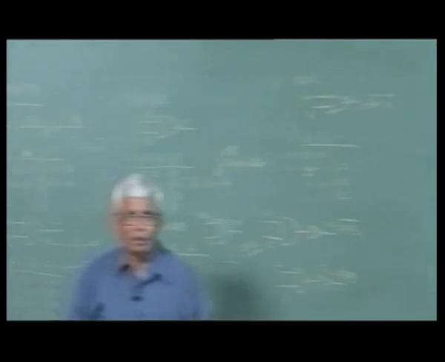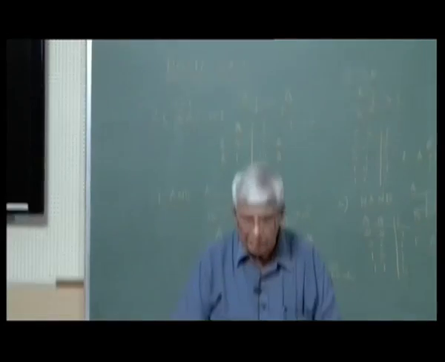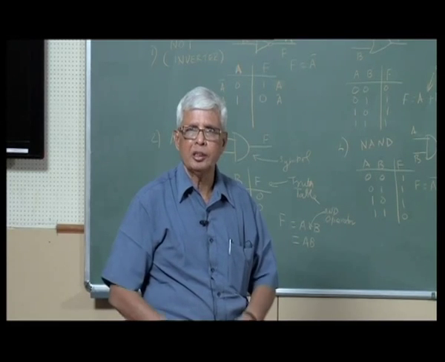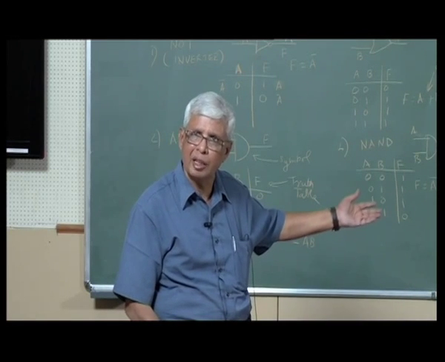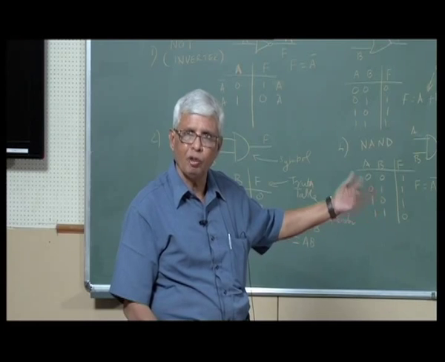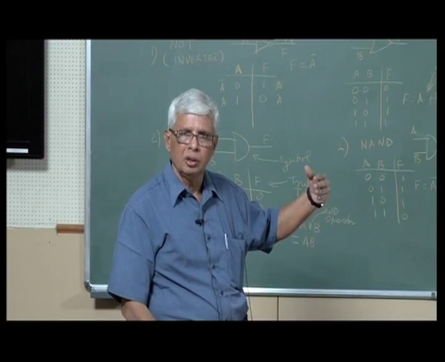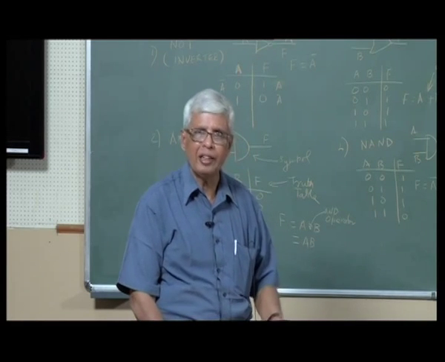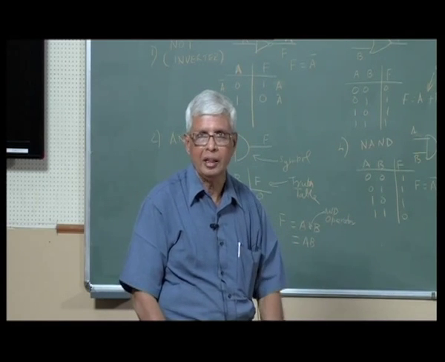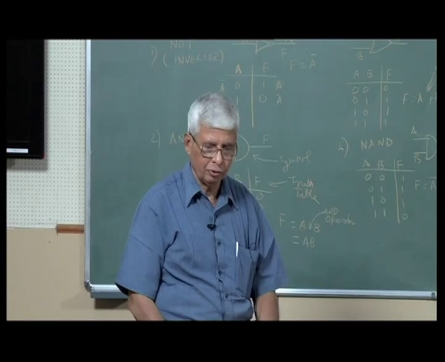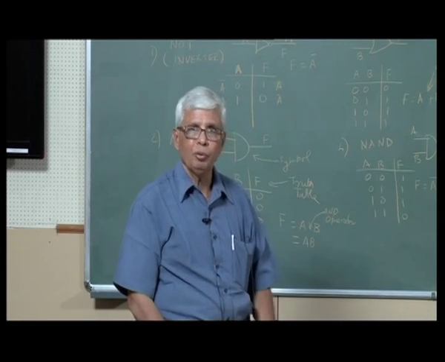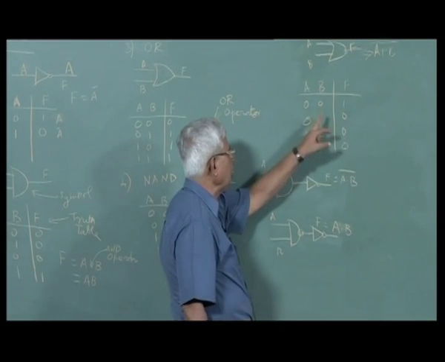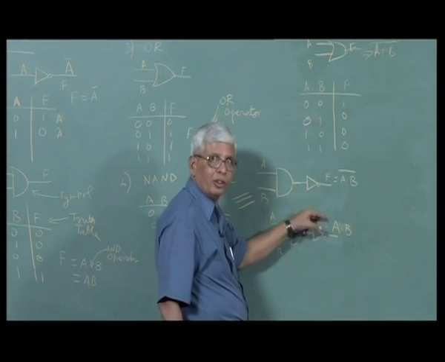In a truth table when you write, you have to follow certain principles. Otherwise you don't know what combinations you have written, what combinations you have left out. Because it's only two variables, we can easily write 4 rows: 0 0, 0 1, 1 0, 1 1. Suppose you have 3 variables, that will be 8 rows, 0 0 0, 0 0 1 etc. 4 variables, 16 rows. So you always start with the LSB: 0 1 0 1 0 1 0 1.